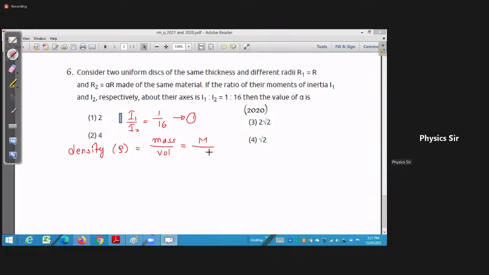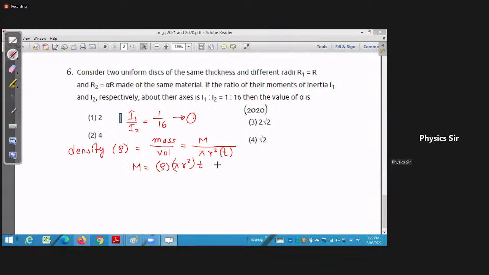The volume is the area of cross section multiplied by the thickness t. What is the area of cross section of the disc? It is pi r square. The area is pi r square and area into thickness is nothing but volume. So I can say this mass m will be rho pi r का square into t.